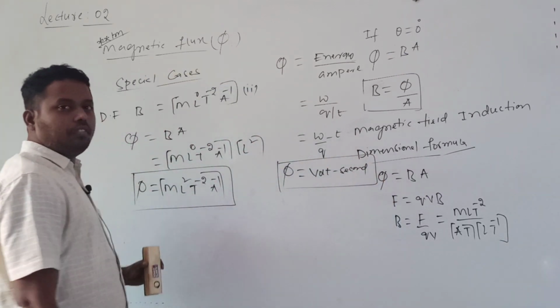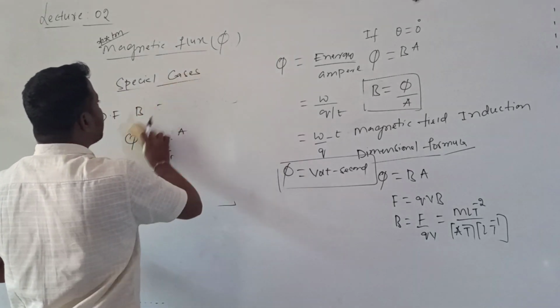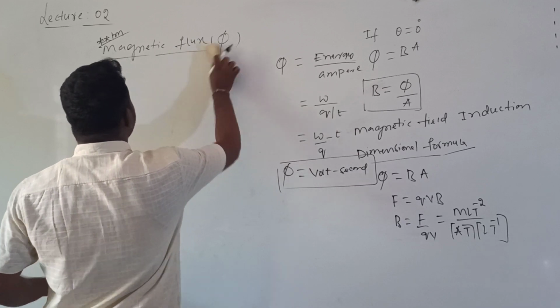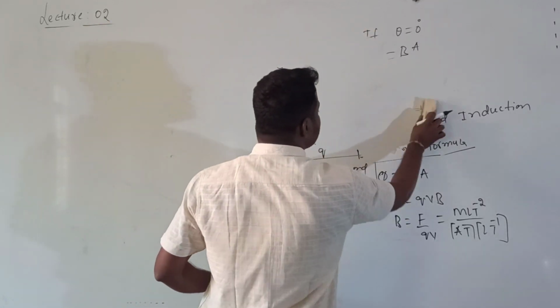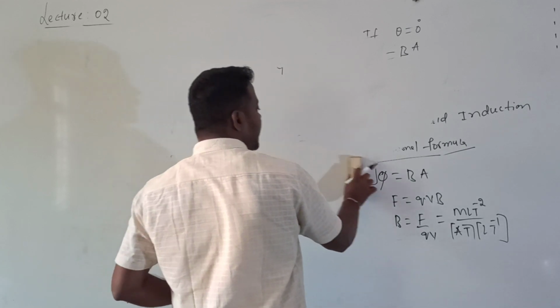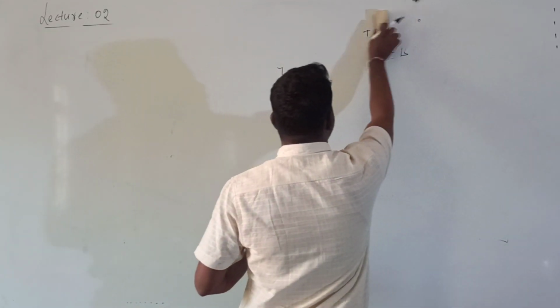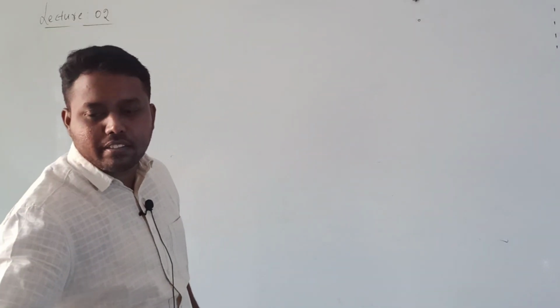So this is regarding magnetic flux. This chapter, magnetic flux will play a very important role. Last time also we studied that a change in the magnetic field is measured in terms of magnetic flux: when flux is increasing, when flux is decreasing.